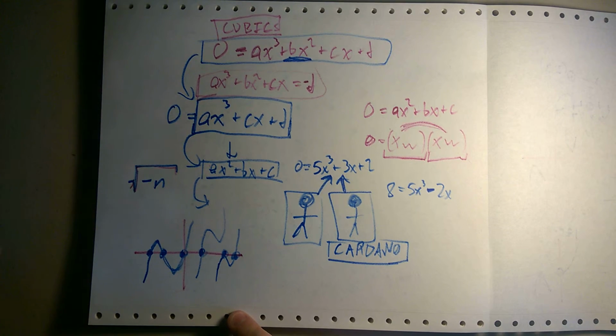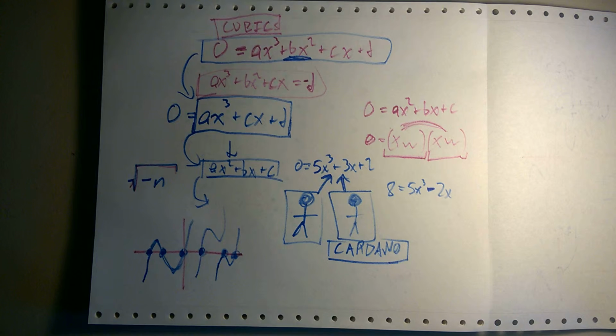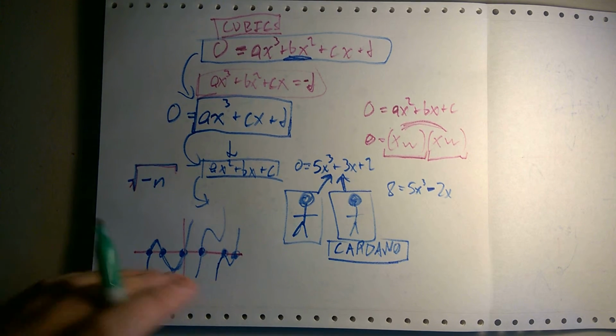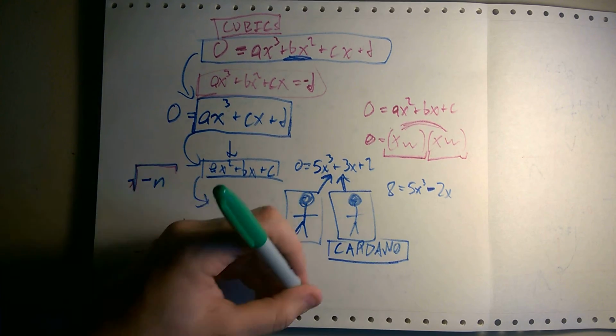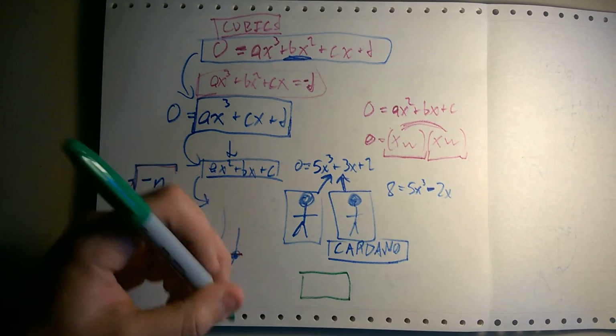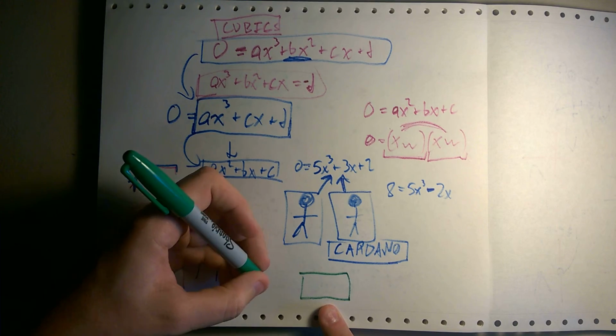And so Cardano really doubted his formula because people kept bringing up, hey, this can't be right. You're getting square roots of negatives. How can that give you a real result? And what it told us is that you actually have to go through, kind of like a portal, to an alternate universe for a second.